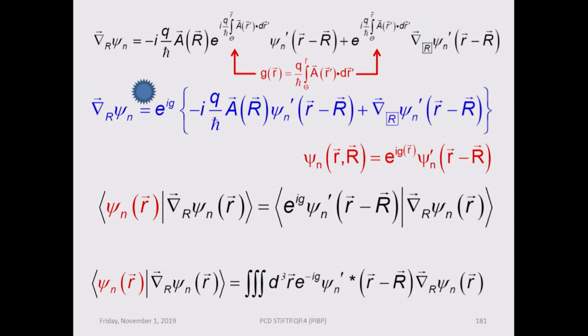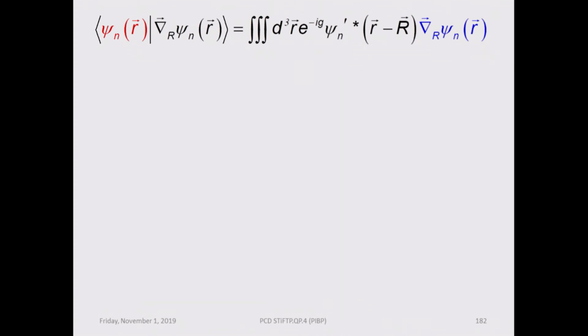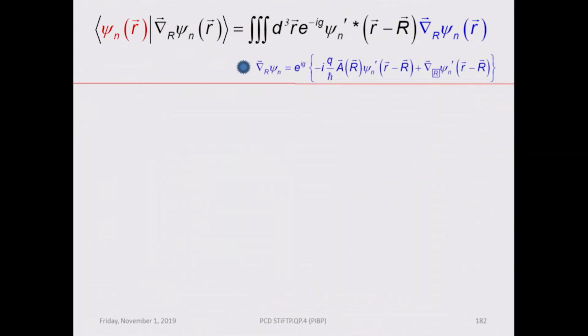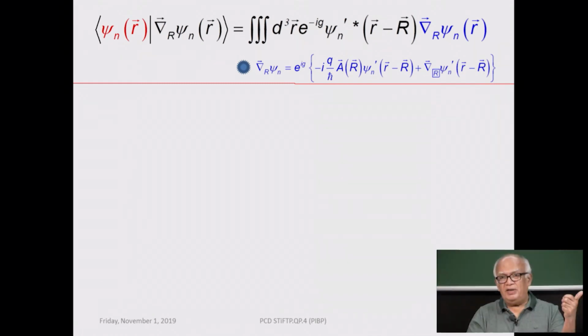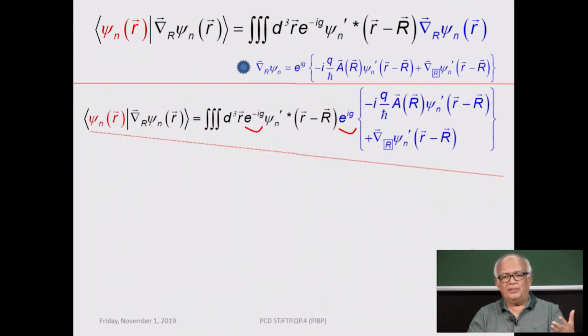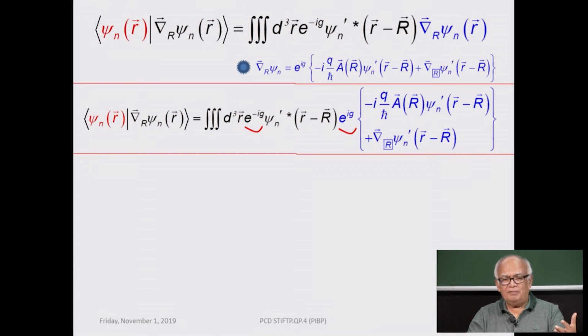So what was e to the ig in the Dirac comes out as e to the minus ig in the de Broglie-Schrodinger, and the psi prime comes out as psi prime star, and then this is the volume integral that we have to determine, right. This is the volume integral. The gradient of psi we determined on the previous step, which we marked by this multi-starred star. So we can put that result here, done, okay. We have simply substituted that term.